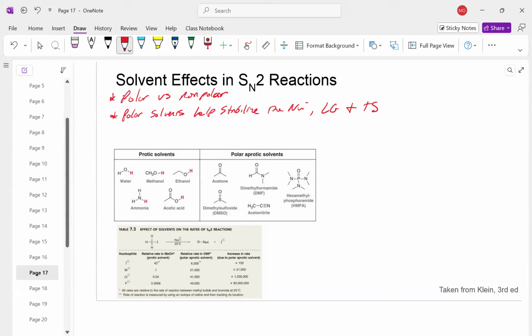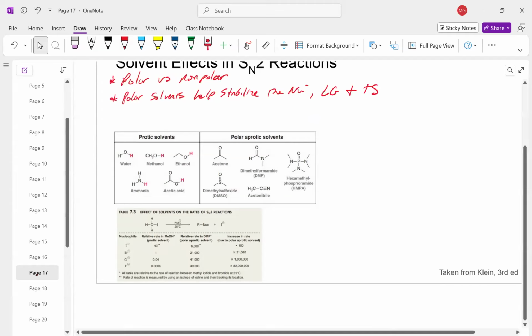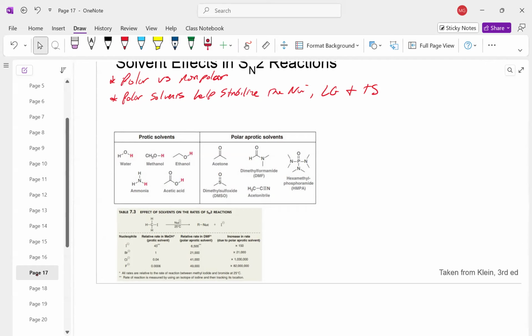So they can help stabilize chemical species that are also negative or positive. And so I'm going to focus exclusively on polar solvents. Within polar solvents, we can further break these down into protic and aprotic solvents. So we have polar protic and polar aprotic solvents.